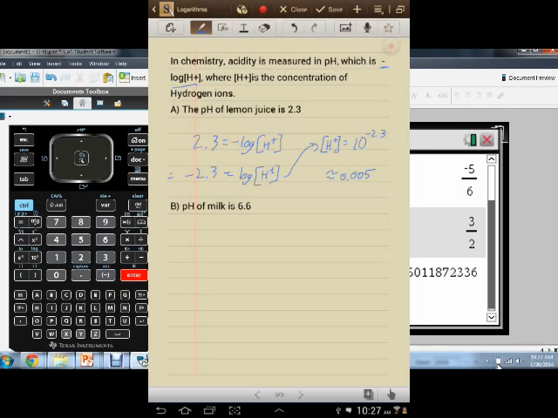If we do the same thing with the pH of milk, what we wind up with is that the concentration is 10 to the negative 6.6 power. I'm following all the same steps I did above.